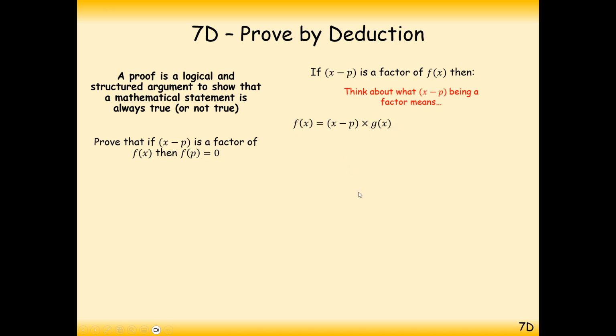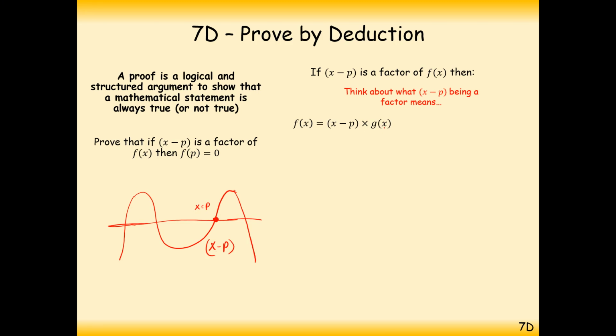This is when I'm plotting the graph here. I don't know what the polynomial f(x) is. Maybe it's a negative quartic here. I know x equals p, and x minus p is a factor that would give me a 0.